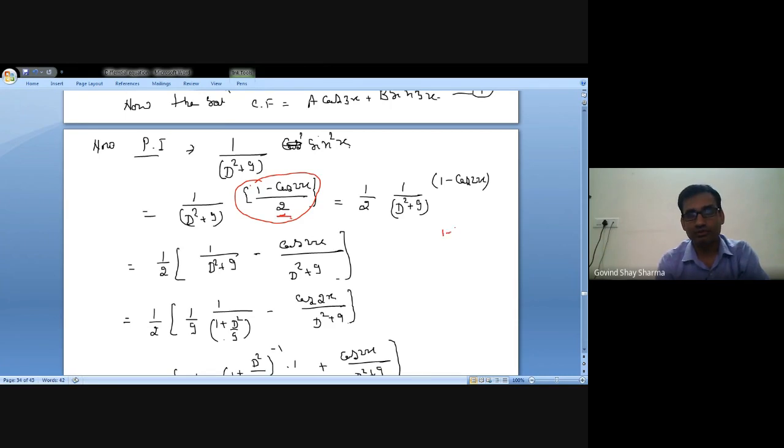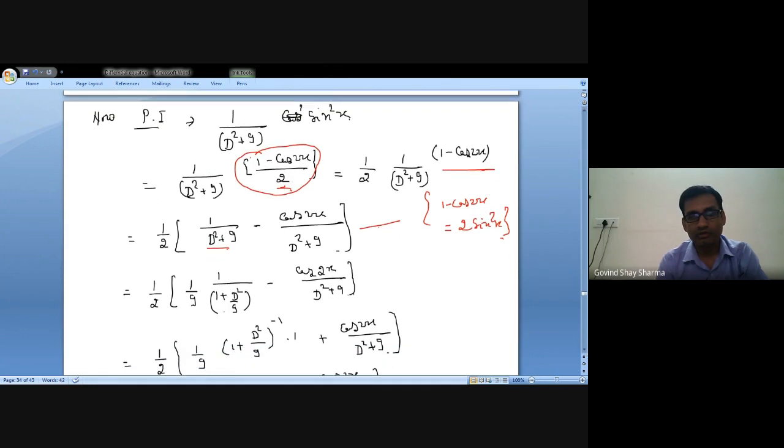You can say 1 minus cos 2x is equal to 2 sin square x. This is trigonometry. Okay. So we write here, 2 is the constant, so taken out, 1 upon D square plus 9 of (1 minus cos 2x). Now this 1 we can easily write as x to the power 0.